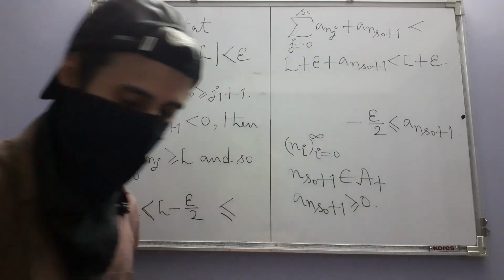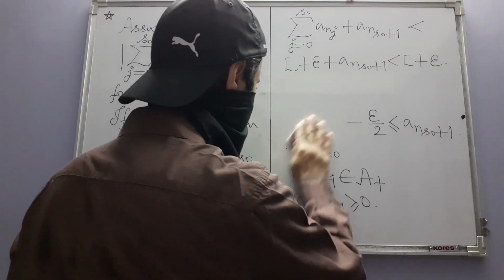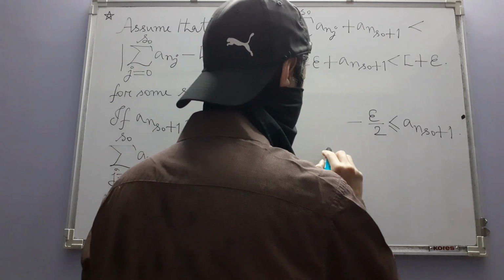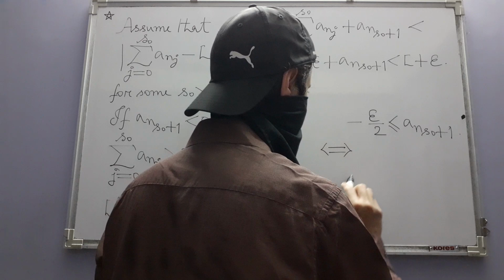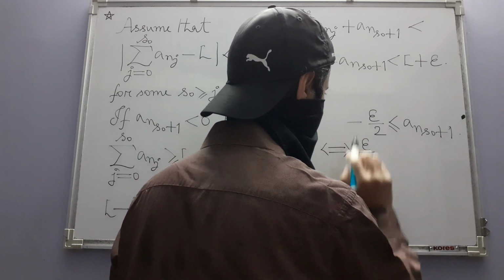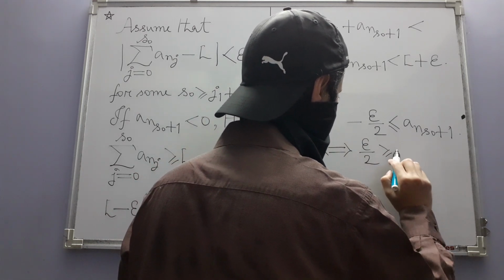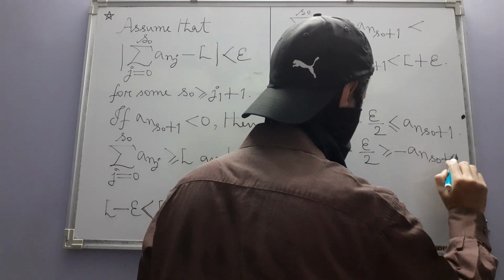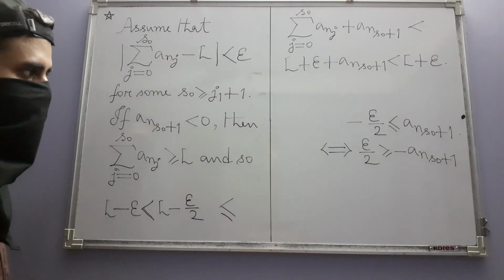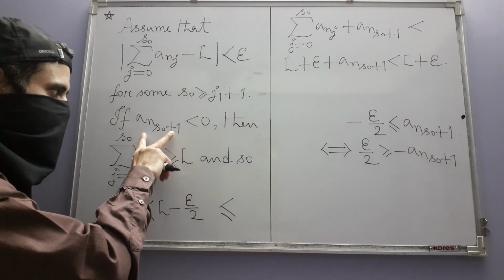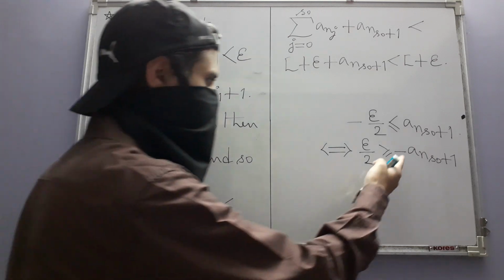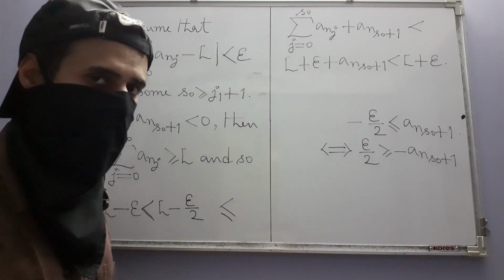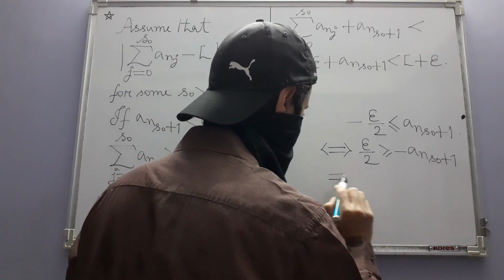Let's see how. This inequality is equivalent to, if you multiply on both sides by minus 1, then it becomes equivalent to this. However, because a n S naught plus 1 is a negative real number, its negative is its absolute value by the definition of absolute value.